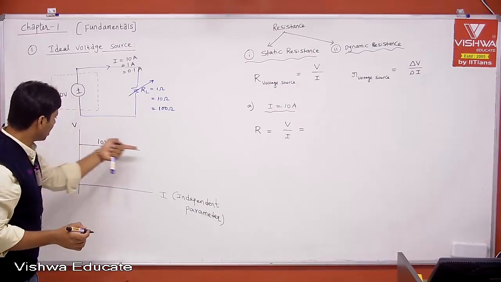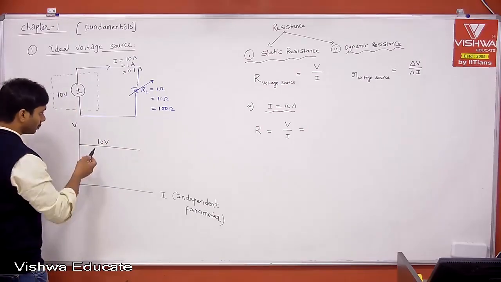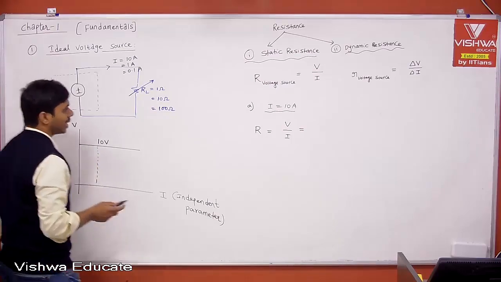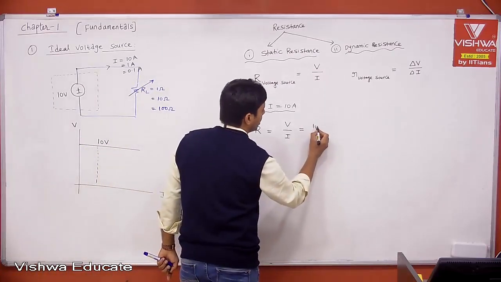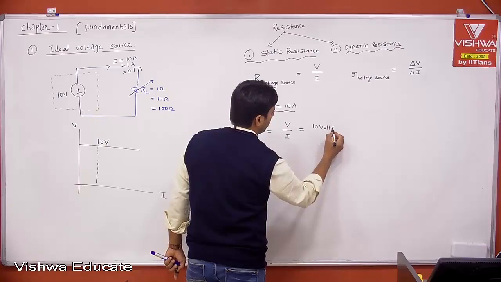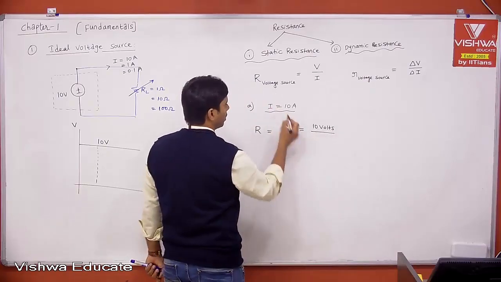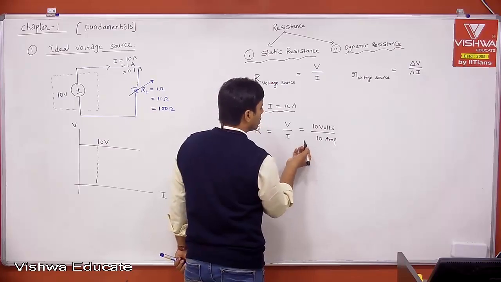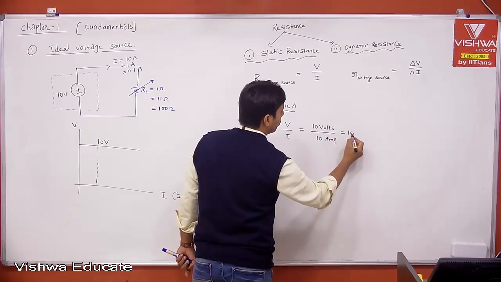So when I is equal to 10 ampere, the voltage is 10 volts. Therefore, this is 10 volts divided by the current, 10 amperes. Then what is the resistance? This gives 1 ohm.